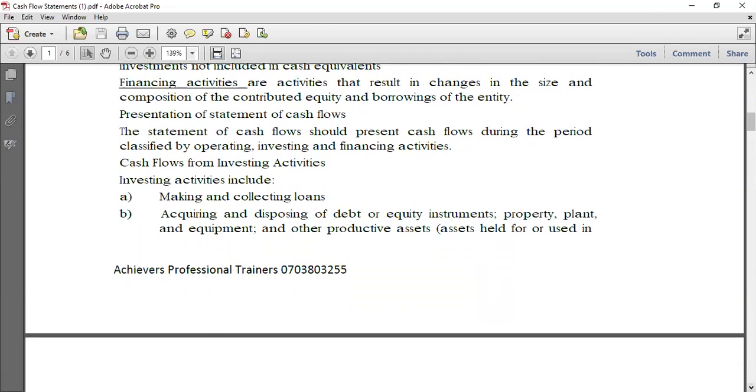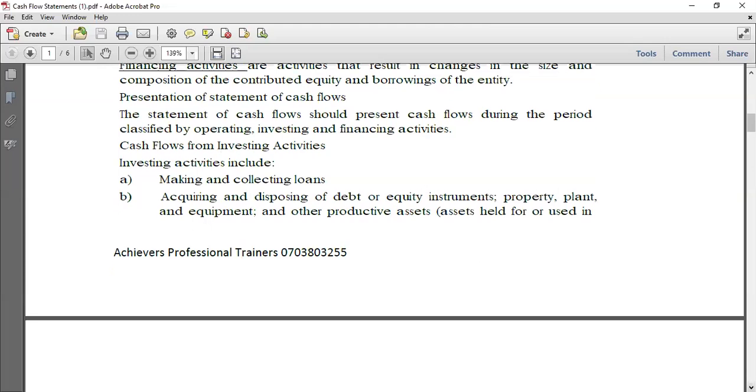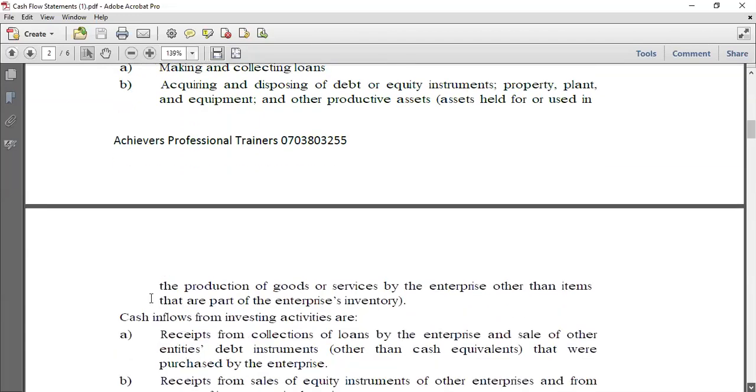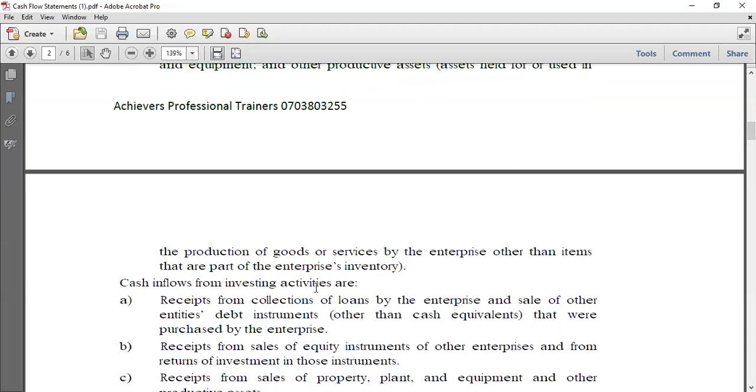As you can see, we have the making and collecting of loans, the acquiring and disposing of debt or equity instruments. And we could also have property, plant and equipment, and other productive assets that are held in production. When it comes to cash flows from investing activities, okay, these are cash inflows, the others are cash outflows, okay?